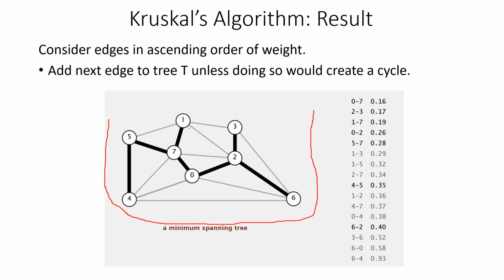As you can see, it satisfies all the requirements of a minimum spanning tree. First of all, there is no cycle, it's connected, and it's spanning, so it covers all the vertices in the graph. And at the same time, it's connected with the minimum possible weights of edges.